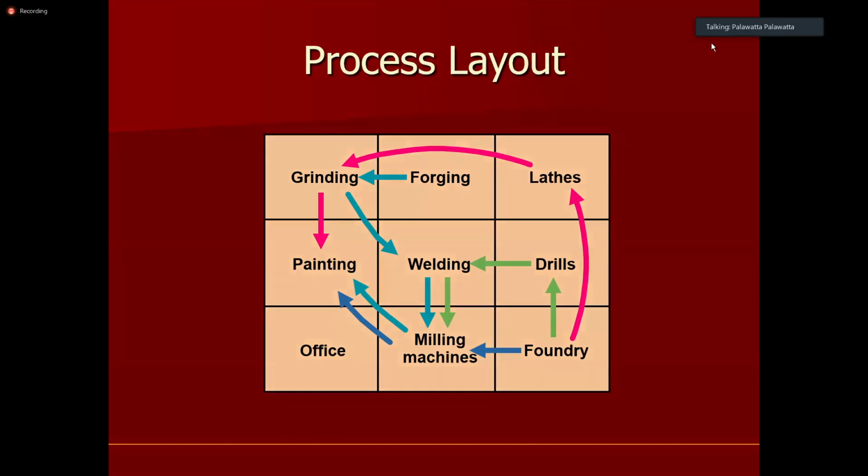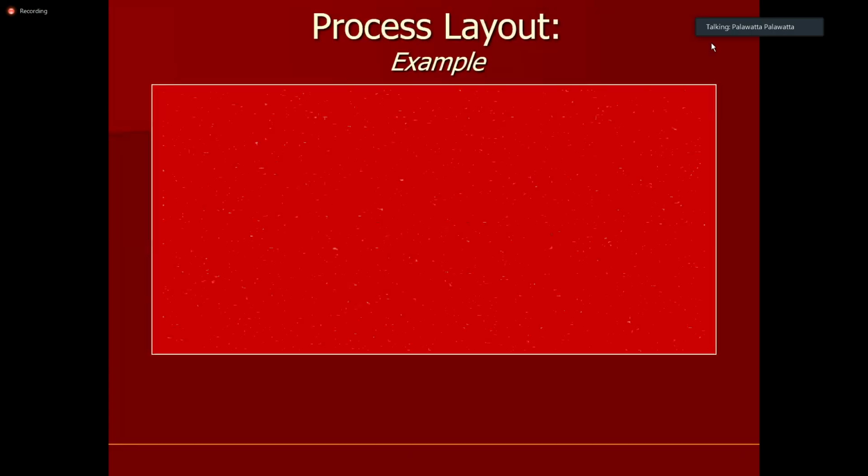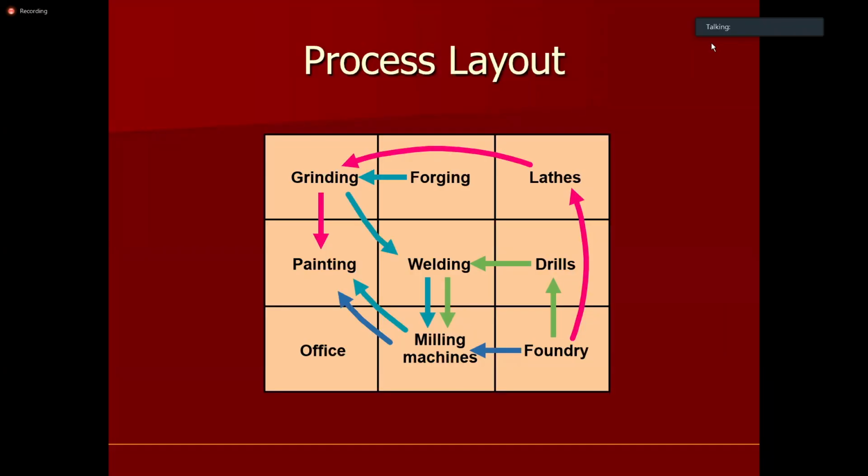In the product layout, and also in the process layout, different products are produced with different sequences. So in the process layout, you get different sequences for different products.